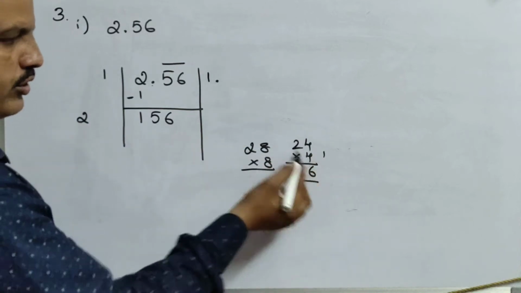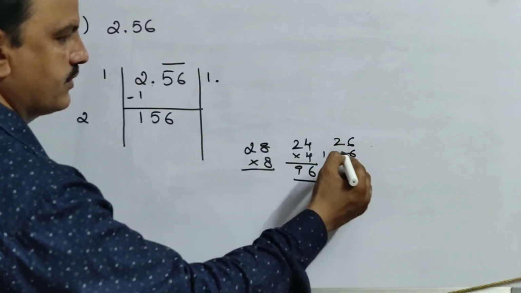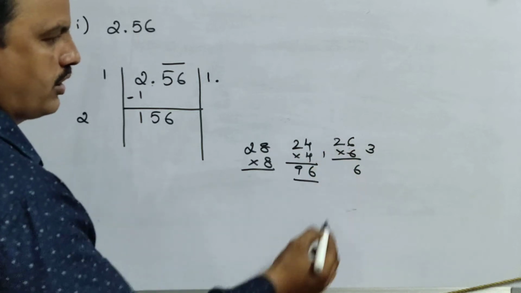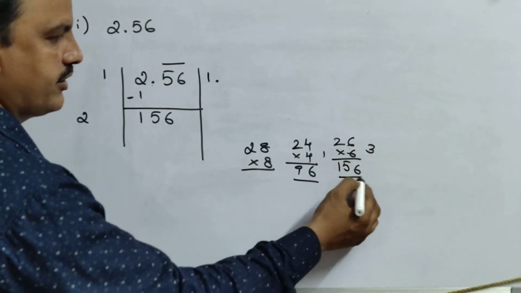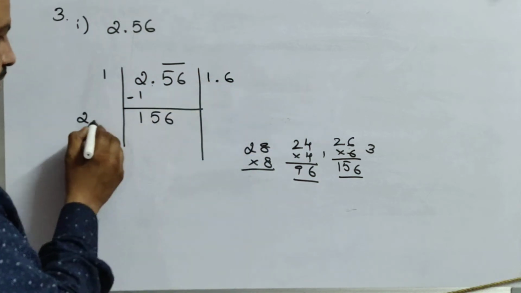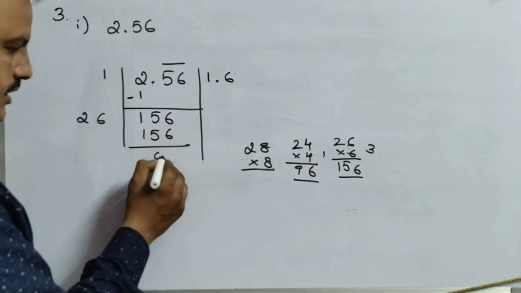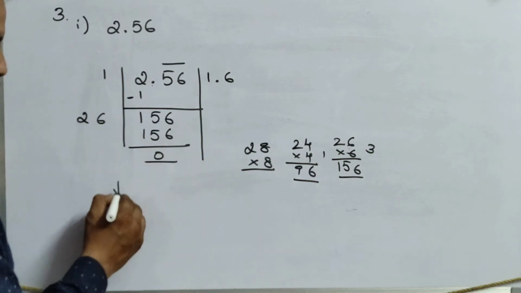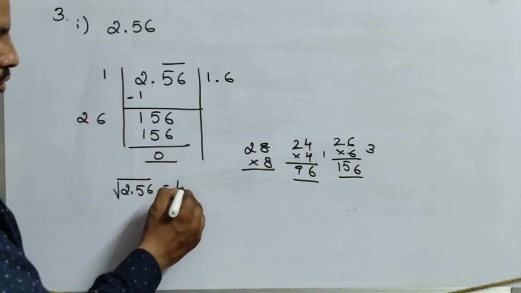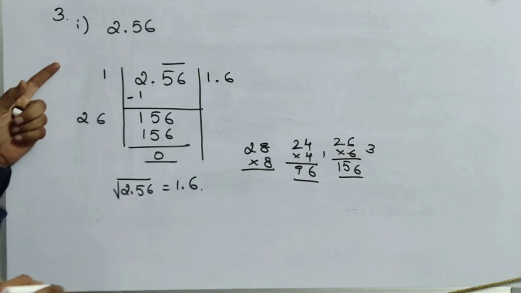So 4 is also not comfortable. So we'll go with 6. 6 sixes are 36. 6 twos are 12. 12 plus 3 is 15. So 156. That means here 1 6 and here another 6. That is 156. So the square root of 2.56 equals 1.6.